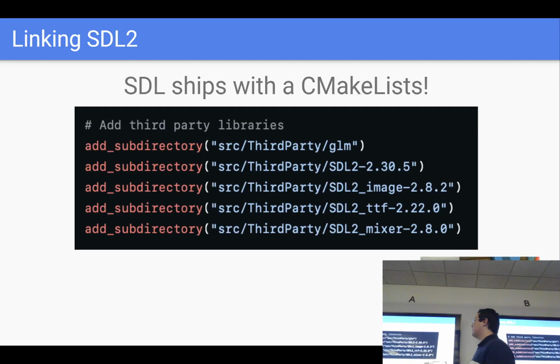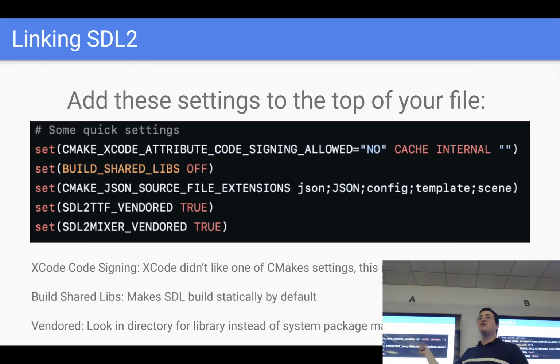So what you actually have to do is at the top of your CMake list, if you want to link it statically, which I recommend, but again, you don't strictly have to. If you don't, none of this applies. Well, not none of this. But you should add these settings to the top of your CMake list file. For starters, if you want to link every single library statically, turn build shared libs off.